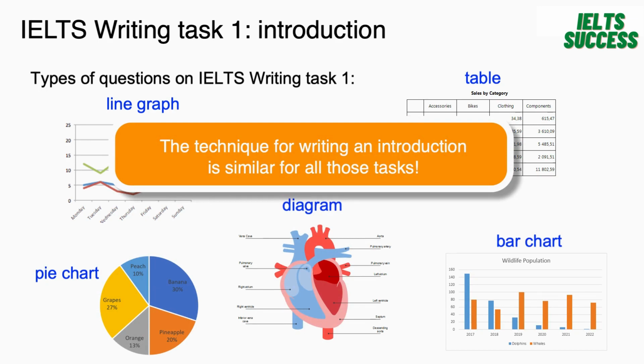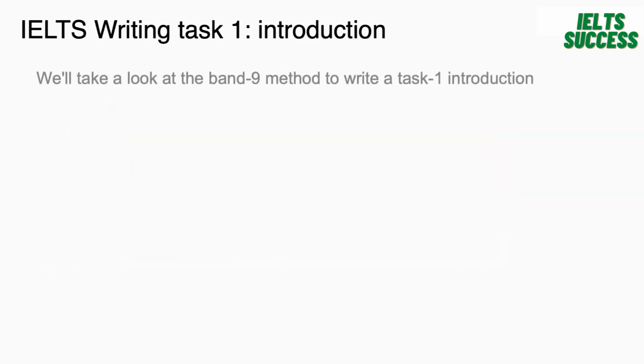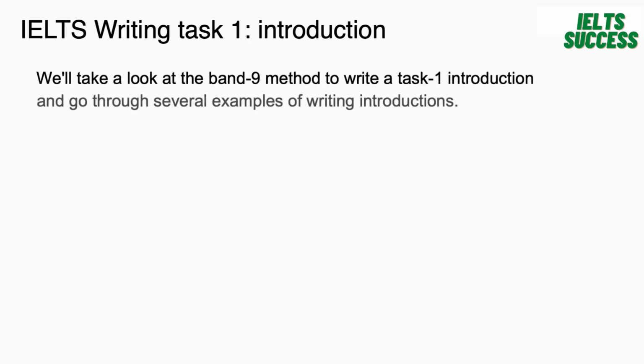However, the technique for writing an introduction is similar for all those tasks. We'll take a look at the Band 9 method to write a Task 1 introduction and go through several examples of writing introductions for several different tasks.